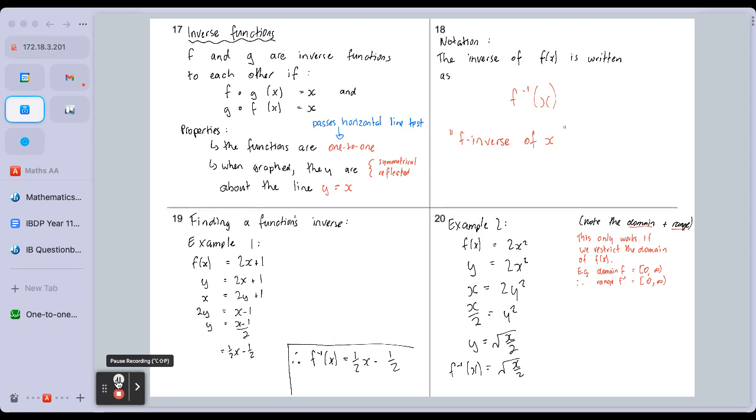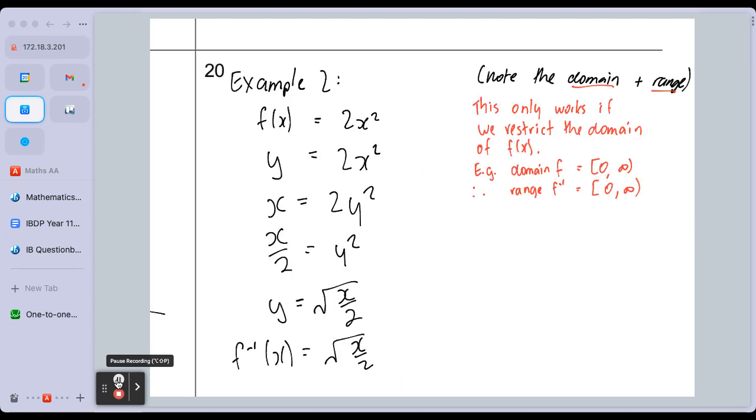Oh, that's really small. Sorry. I'm going to zoom that up so you can see it a little bit better. So this only works if we restrict the domain of f of x. So if we make the domain of f from 0 to infinity, then because when we flip it, we're flipping the x and the y's, the range will be 0 to infinity and we'll be fine.